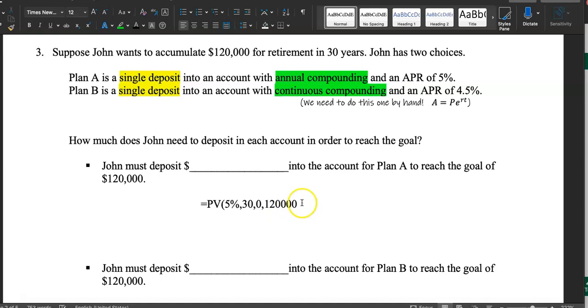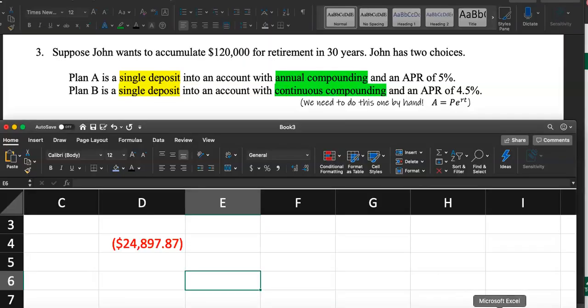When you type a comma, it's going to try to move on to the next input. So that's what you're going to enter in Excel to figure out how much John needs to deposit to have $120,000 with plan A.